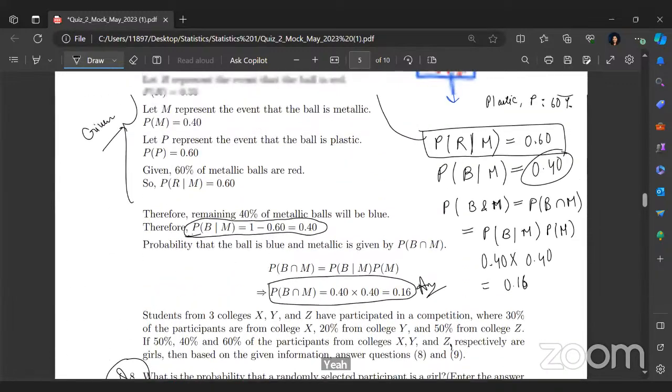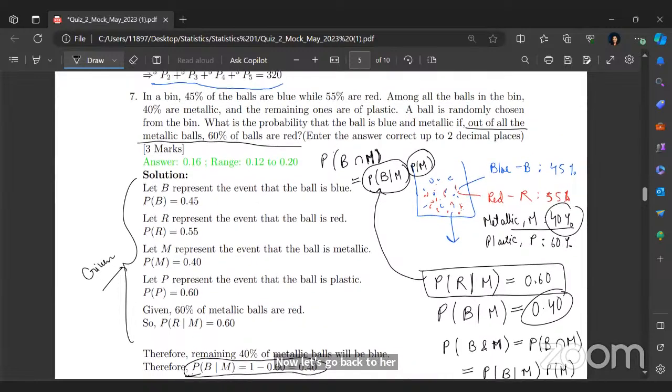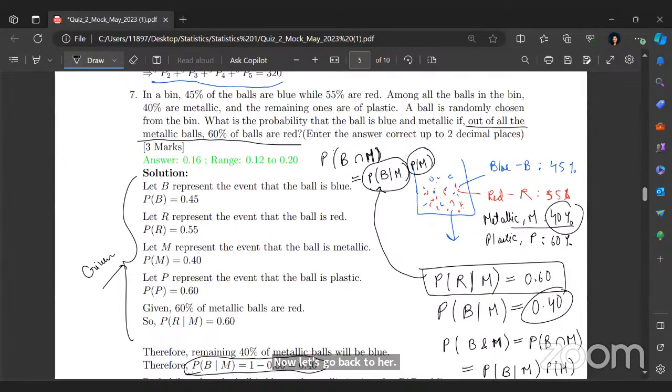Now let's go back to this question. So here the setup will be like, if this is my sample space, you have blue balls, you have red balls, and let's say this is metallic, and remaining we are saying non-metallic, right?